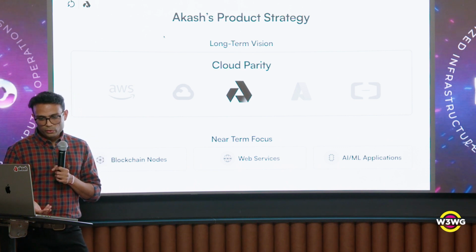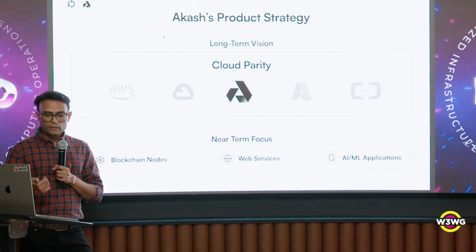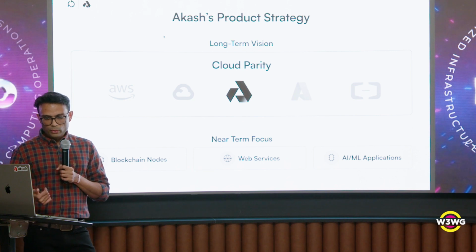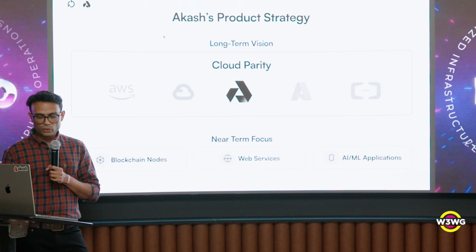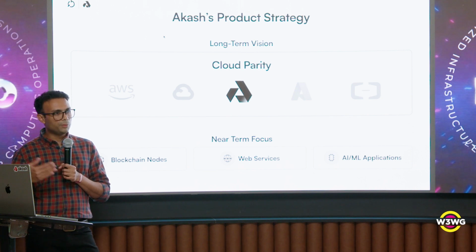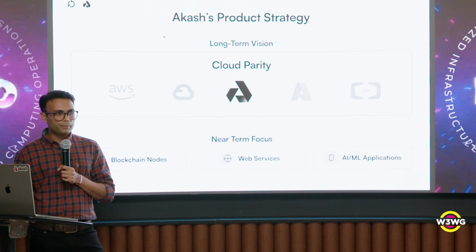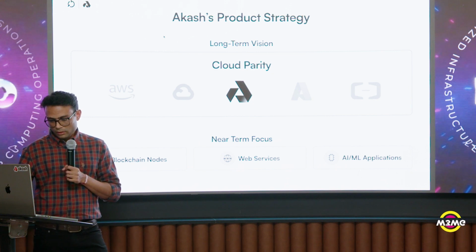So the three user groups we've identified at this time are, number one, blockchain nodes, for the obvious reasons. Number two is general web services, which includes things like static websites and slightly more complicated web services. And then, of course, AI and ML, with the introduction of GPUs on the Akash Marketplace.